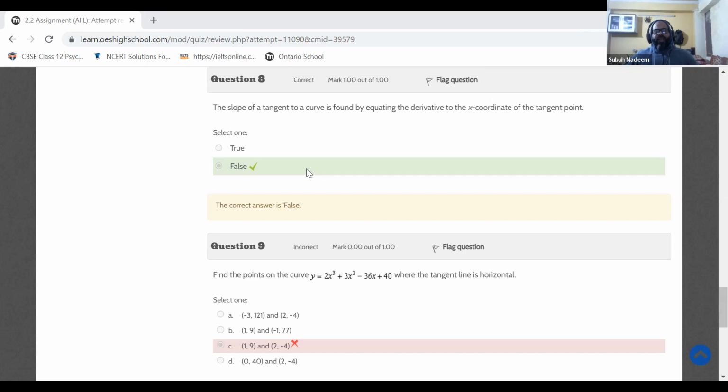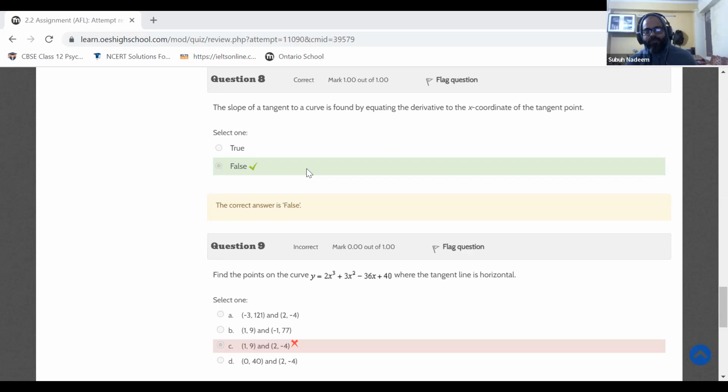What we do actually, have you studied the statement? Yes, sir, I did. So basically, you don't equate the derivative to the x coordinate of the tangent point, but you put the x coordinate of the tangent point in the derivative.